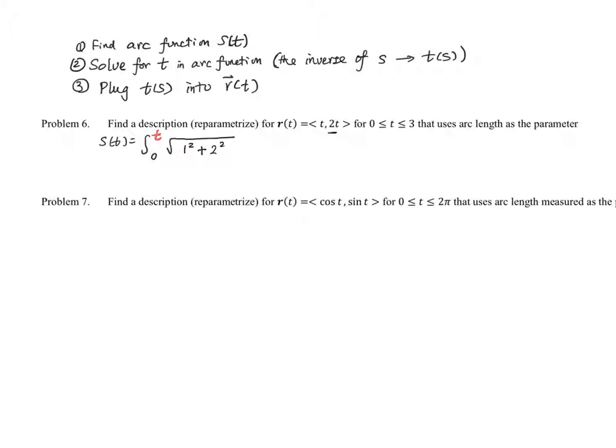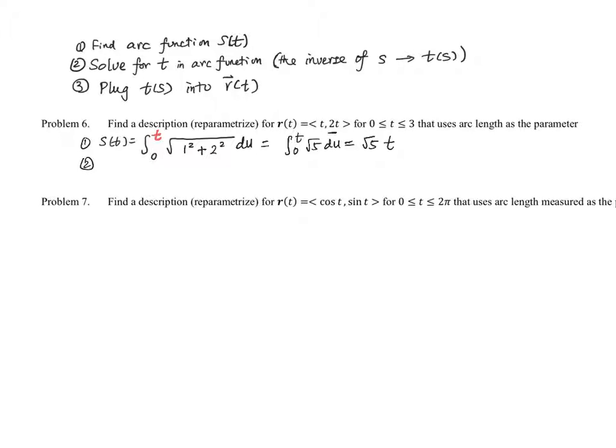I'm going to use another variable u, du. This gives me square root of 5 du, and after the algebra we have square root of 5t minus 0, which is just square root of 5t. So this is my first step.